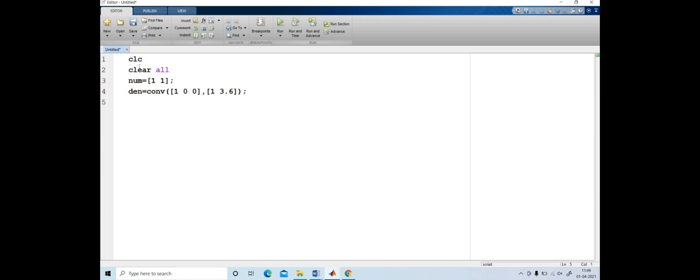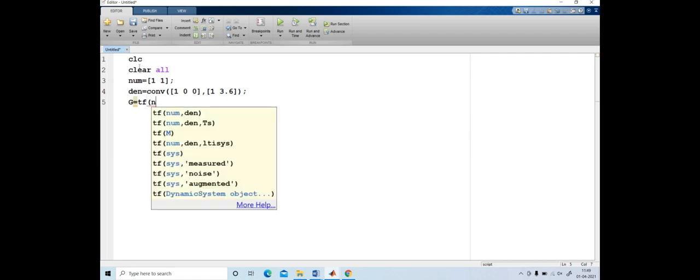Next, capital G equal to transfer function of num comma den.